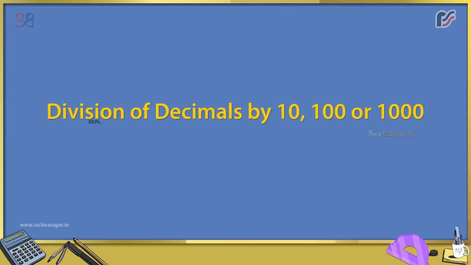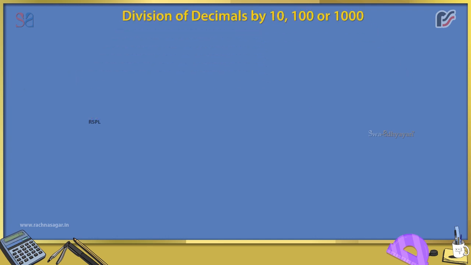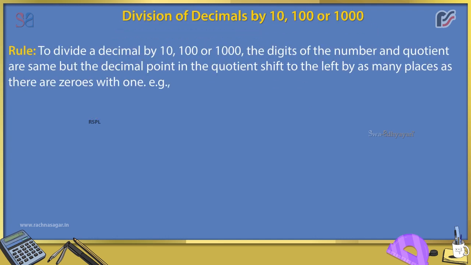Division of decimals by 10, 100 or 1000. Rule: to divide a decimal by 10, 100 or 1000, the digits of the number and quotient are the same, but the decimal point in the quotient shifts to the left by as many places as there are zeros with 1.